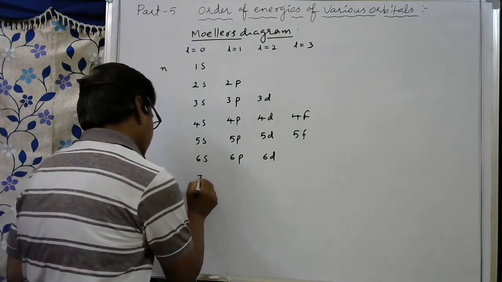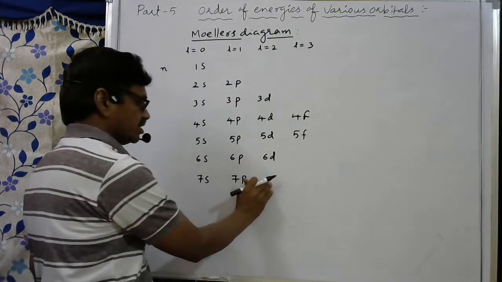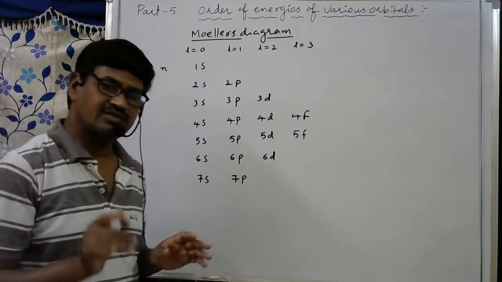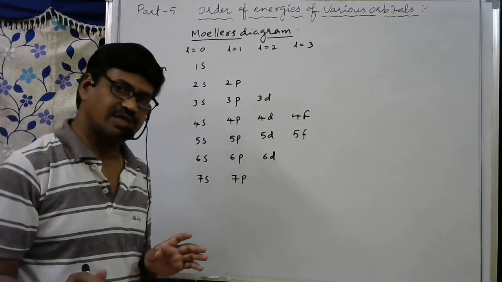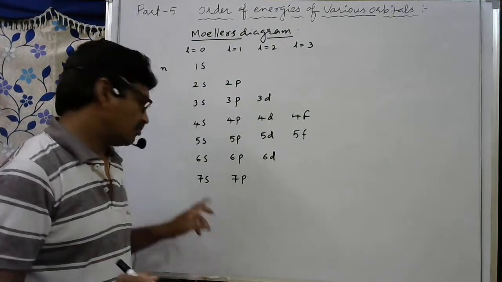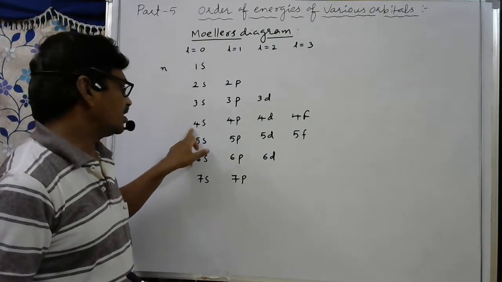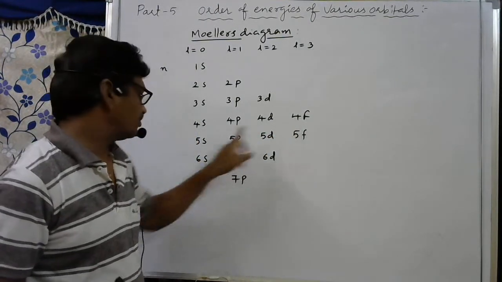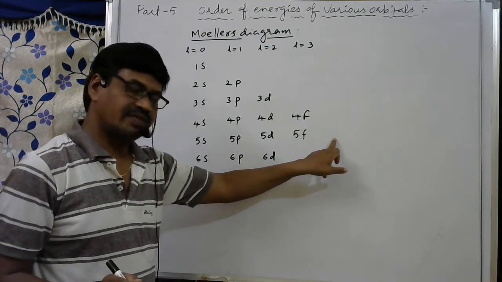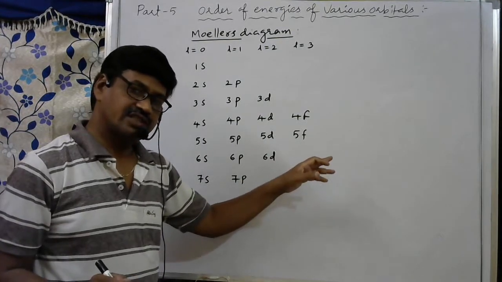Then for the 7th shell, 7s, 7p; I am not writing 7d, 7f, or 7g, because for the electron configuration of 118 elements only the p orbital from the 7th shell is required. For the 4th shell, up to 4f is required. For the 5th shell, 5f is required, but 5g is not required.